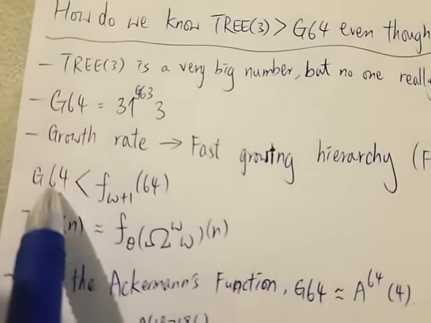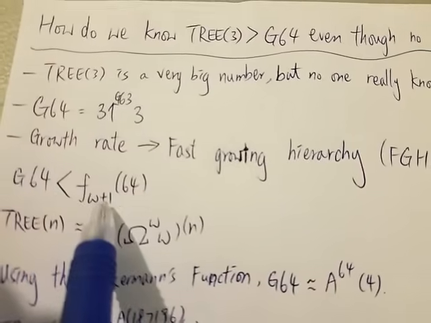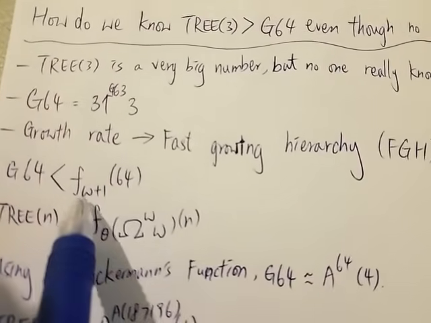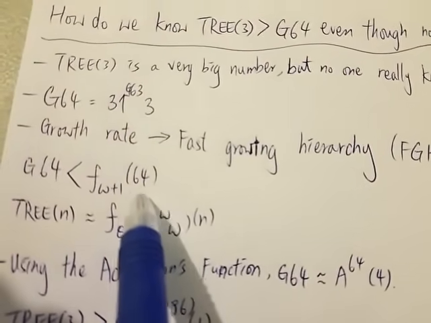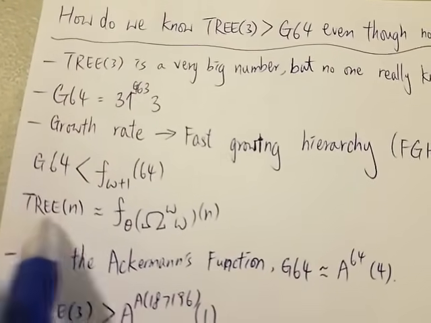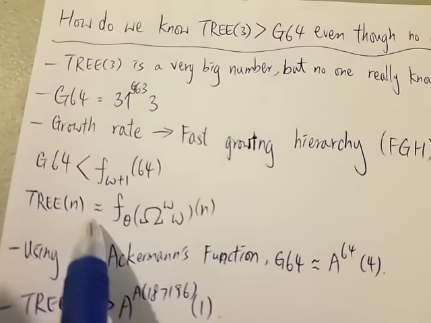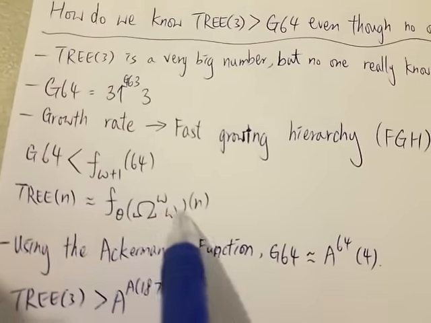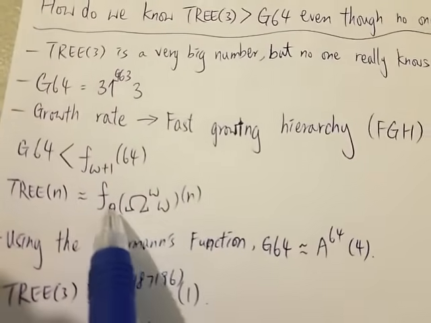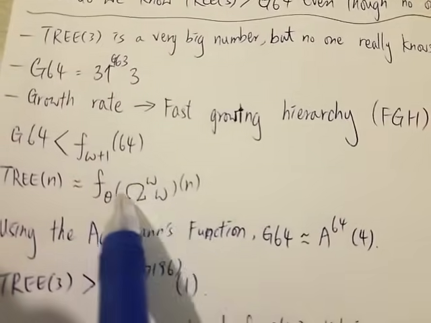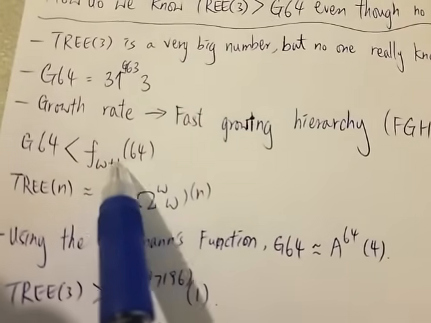So for Graham's number, it can be shown that its growth rate is around this thing over here. And then for the TREE sequence, TREE(n), how fast does it grow? It grows approximately this fast. So we can see that this thing over here is much bigger than this.